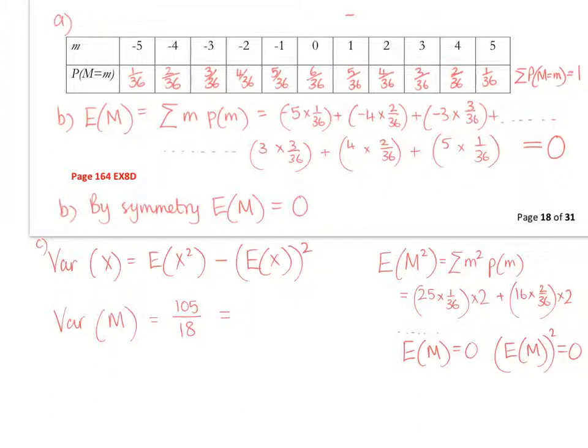And that simplifies to 35 over 6, which is approximately equal to 5.83 recurring. So just take a moment. You may want to fill in a few more steps here. I've just done a couple of them. You can fill out the whole table, and it's just to get used to doing this part again, the variance of m in this case, using the formula.